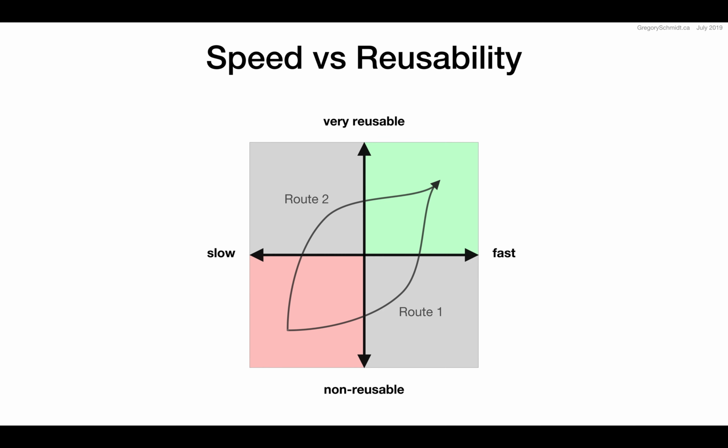The hypothesis is that if we can build an environment which makes it possible to achieve high reusability of the code base, this will increase developer and team collaboration. And this will in turn increase the speed that products can be built, making it possible to more efficiently build, test, and deploy new products. So that's in some ways a Route 2 hypothesis.